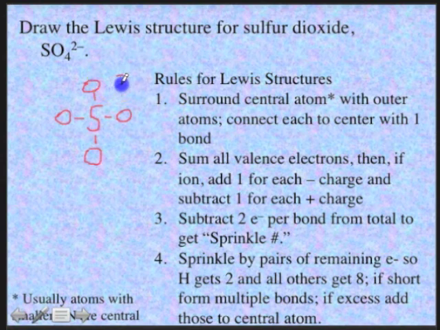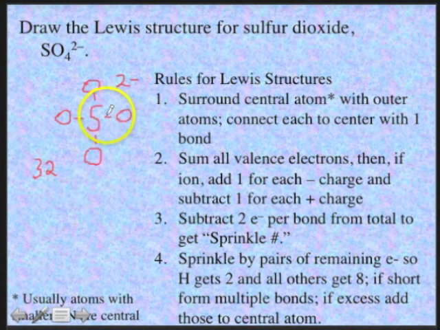Remember, this has a 2- charge, so those 2 electrons have to be counted. Now we're ready to sum all the valence electrons. Sulfur is 6 and each oxygen is 6. So that's 6 times 5 is 30, isn't it? And we add 2 for the 2 negative charge. So that's 32 total electrons to play with.